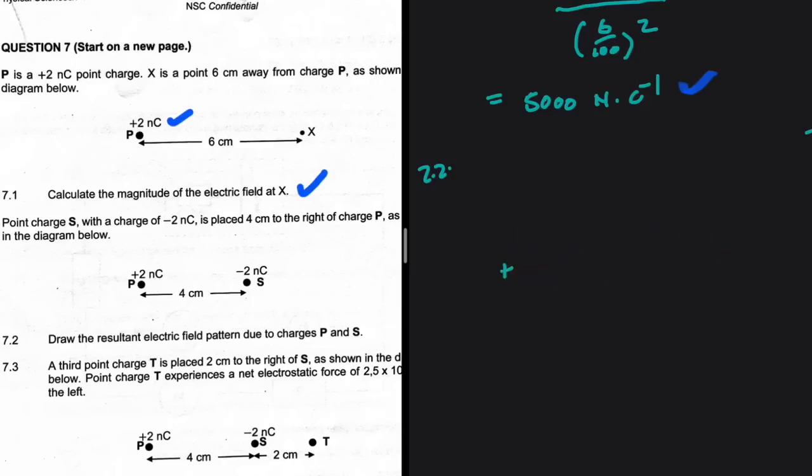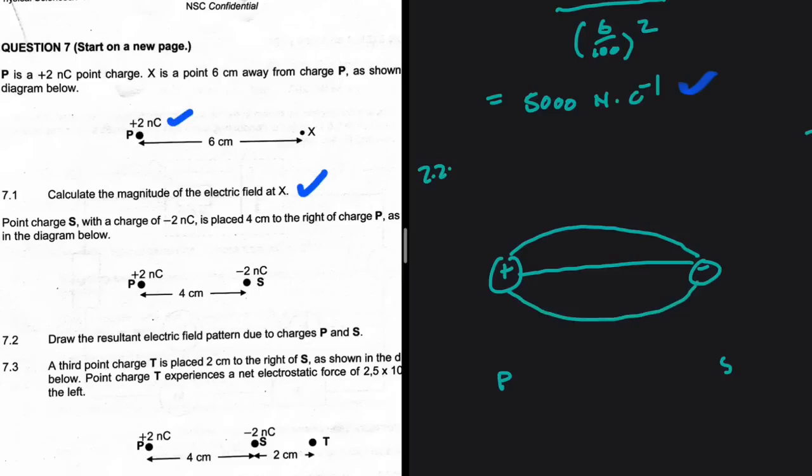P is positive and S is negative, so we expect the field lines to point away from P, because it is positive, and point towards S because it is negative. Okay, so let me just write that nicely. Let me just add all the field lines that I'm going to use here, and then I'll worry about the direction after, right?